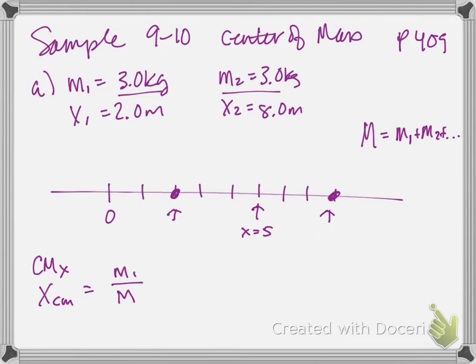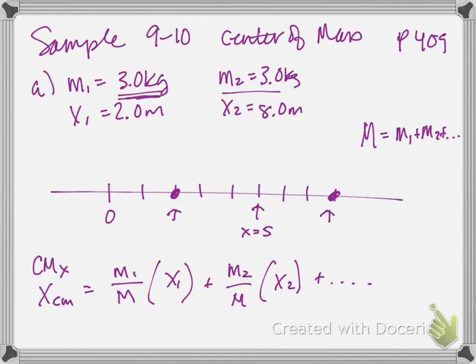Then we multiply this fraction, which is really how much of the system is M1, by that actual coordinate. Then we add M2 over M times its x-coordinate. And we could do this for as many objects as I have, up until however many there are.